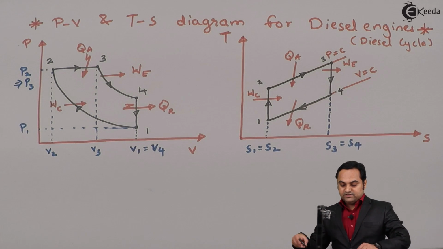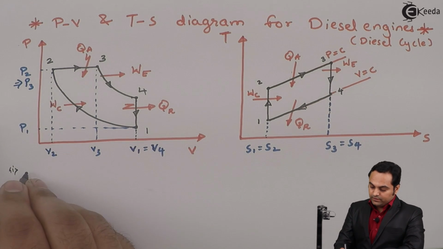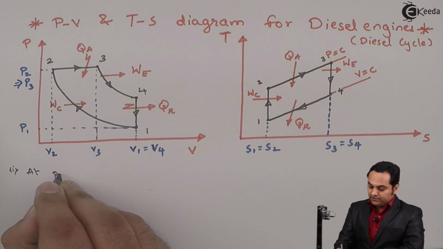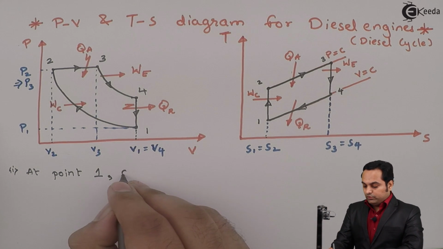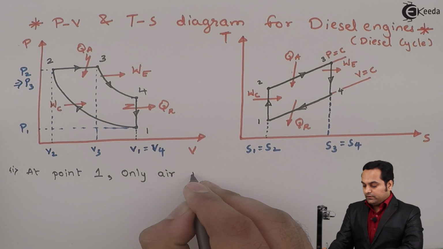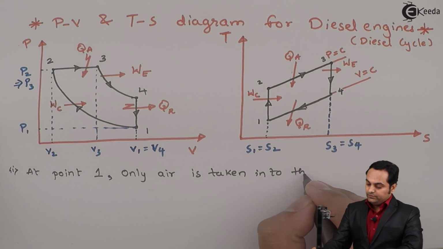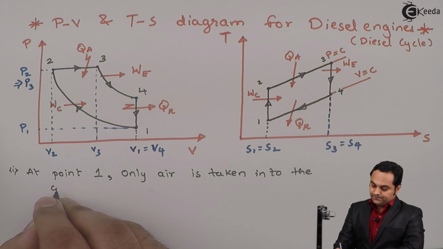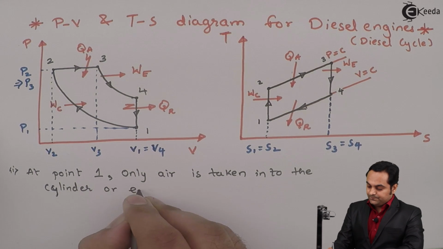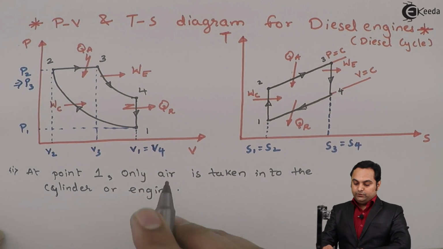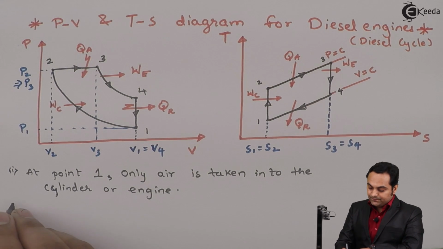Related to that, I'll write some points. At point 1, only air is taken into the cylinder, or we can say the engine. So at point 1 the air is taken into the cylinder or engine.